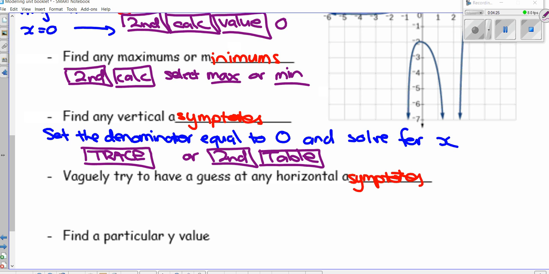Oh no, they call it error, don't they? And then look for error. So tracing kind of just helps you to see, is it getting closer and closer to the asymptote and not crossing it? That's one way you can check. Or you can go second table and look for the X value that's got error associated with it.